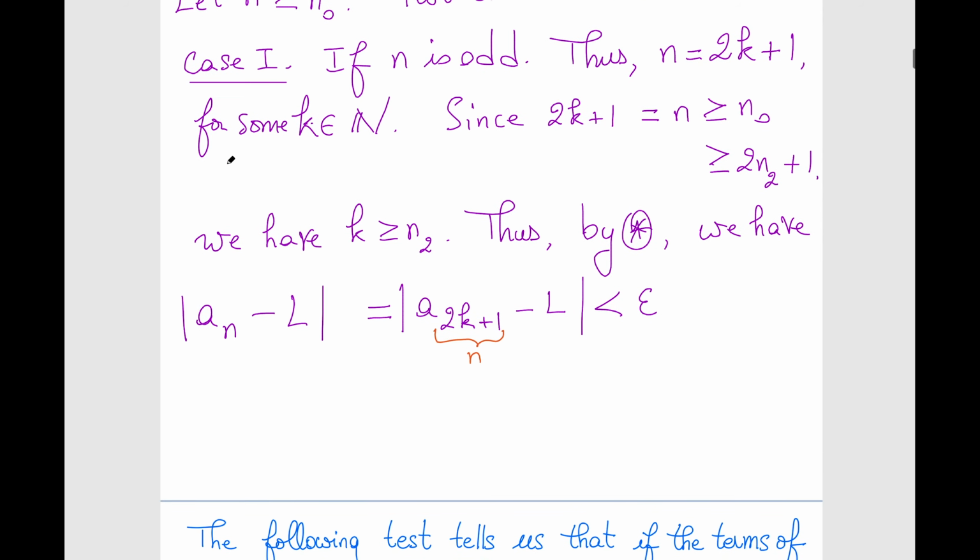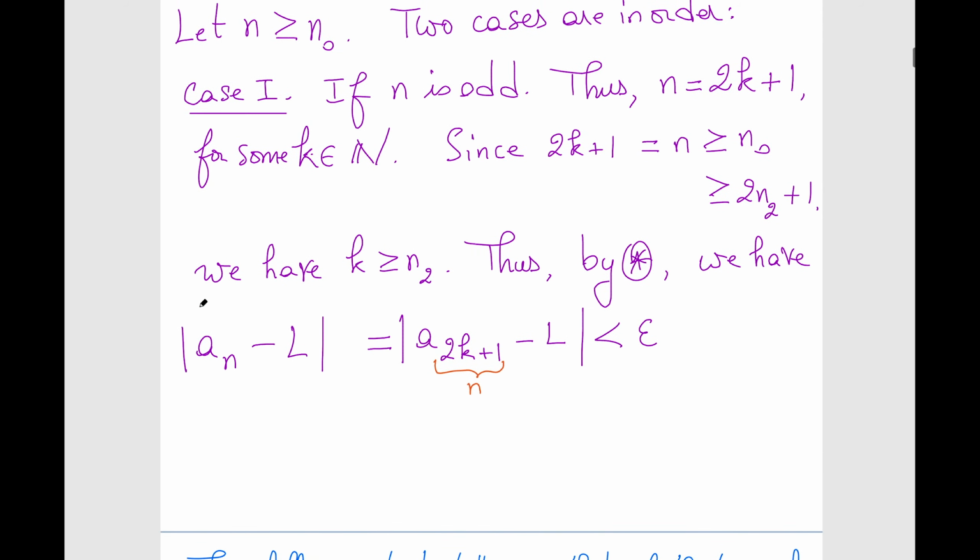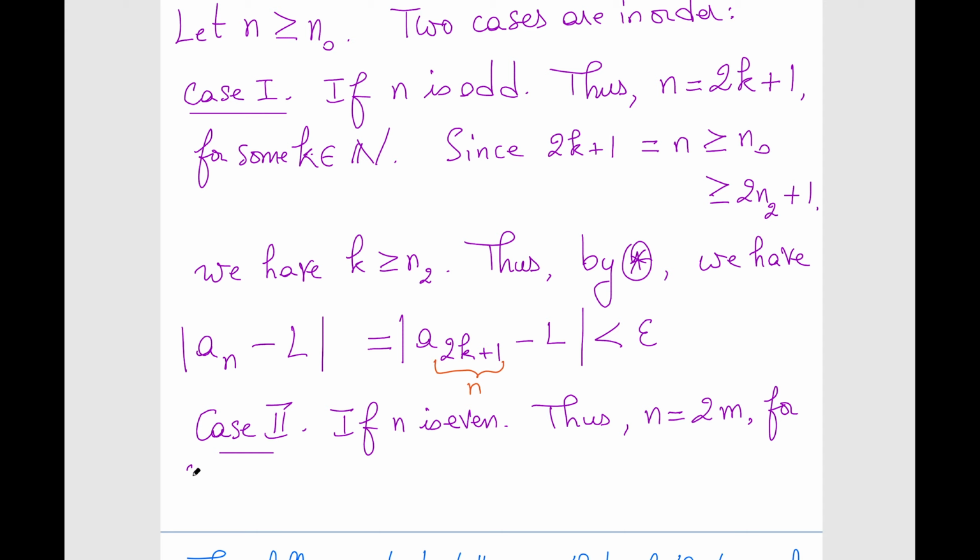Now the second case is when n is even, right? If n is even. What does it mean that it's even? It means that you can write n as twice some number m, for some m a natural number, right?